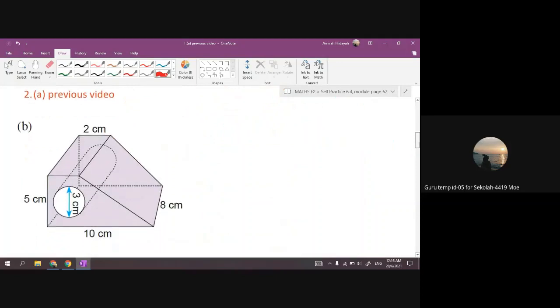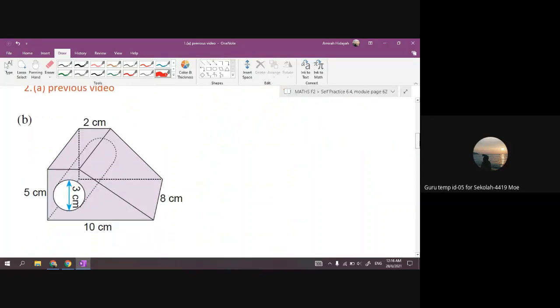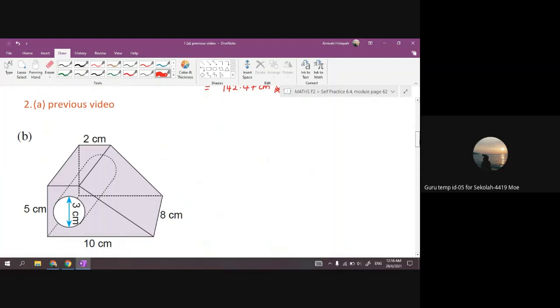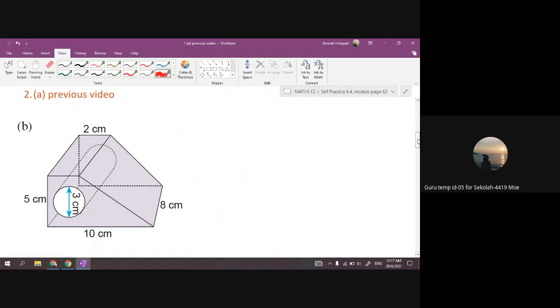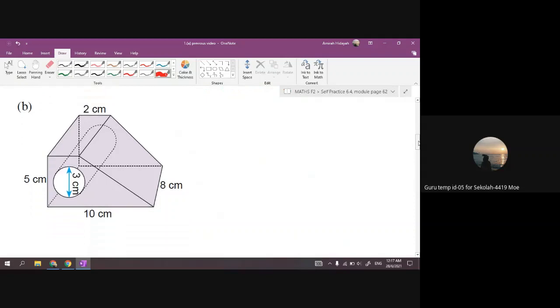For question 2, we are asked to find the volume of the shaded region. For 2A, I also showed it in the previous video, so you can check it there. For 2B, first we write the formula. You must know how to solve this question since it wants us to find the volume of the shaded region.